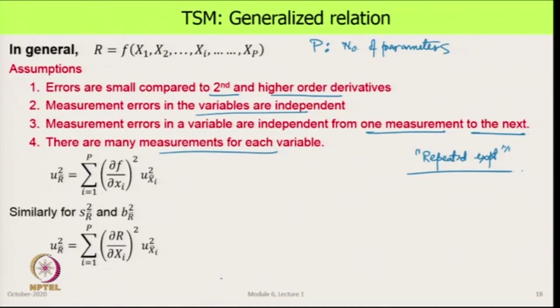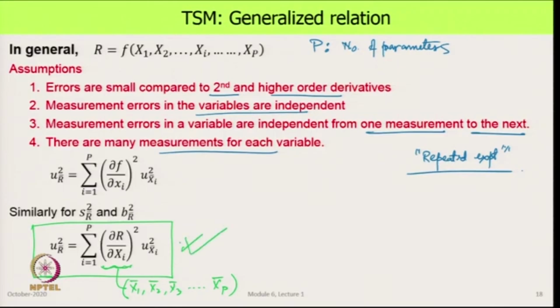And the expression we have been looking for, in terms of the symbols that we have been using, we get u r bar square as a summation from 1 to p of dr by dxi square into u xi bar square, noting that this is evaluated at x1 bar, x2 bar, x3 bar, up to xp bar.